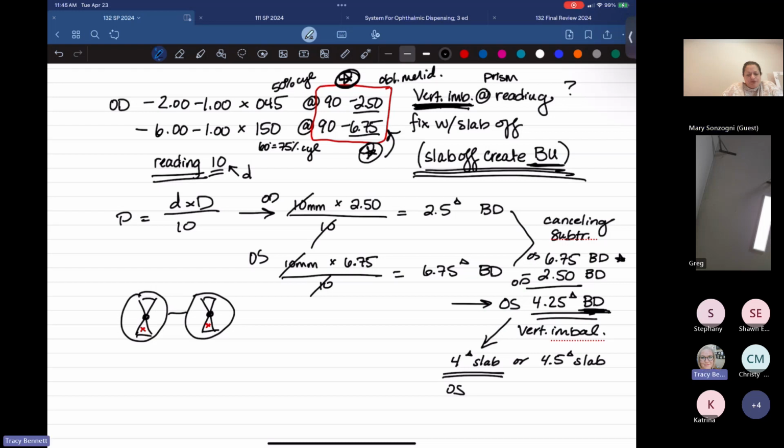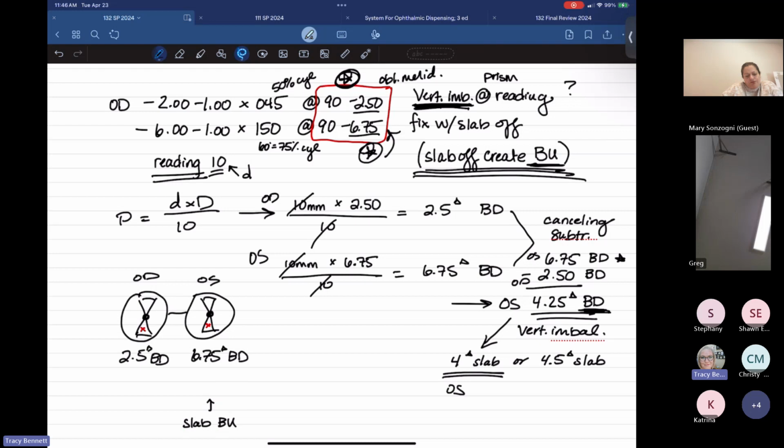And effectively what that's doing is, in the OD versus the OS, remember we ended up with 2.5 base down here, and we ended up with 6.75 base down here. But if we use a slab off and it's going to create base up prism, then of course we're going to use it in the one that has too much base down. And we only need to correct the difference between these.